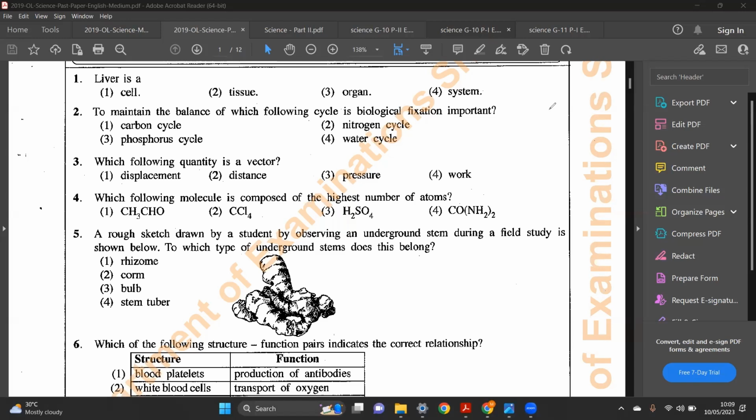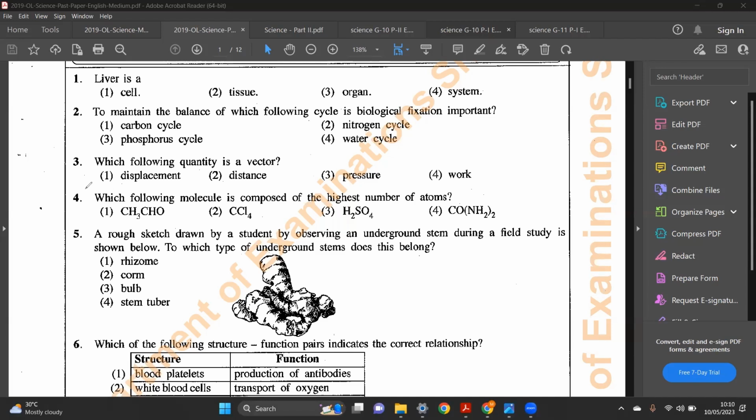They're basically quantities that only depend on the magnitude, things like mass, volume, etc. On the other hand, vector quantities depend not only on the magnitude but also on the direction. The best example we come across is displacement, right? The other three options given here, distance, pressure, and work, are all considered scalar quantities. So the answer here is displacement.